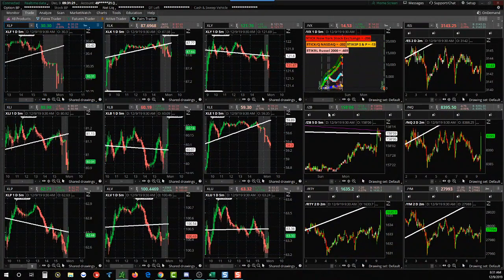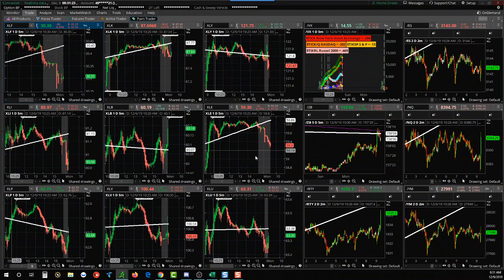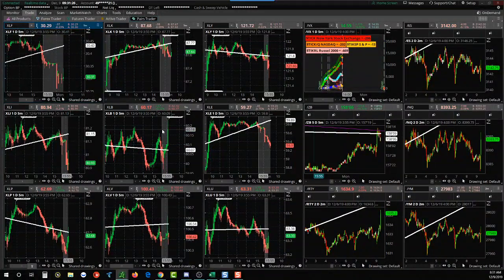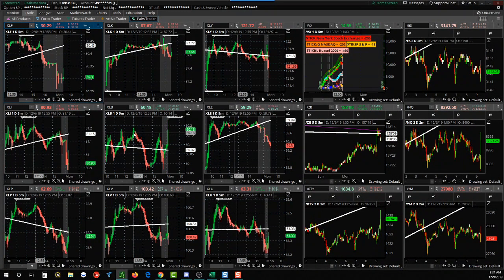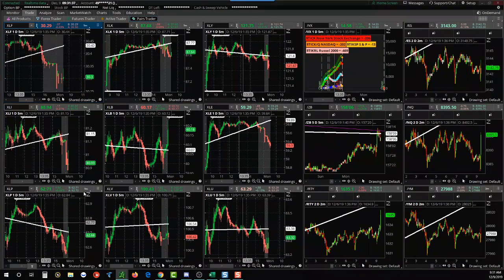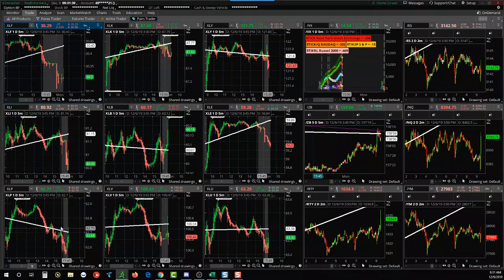Here we have the sectors. One of the strongest moves in these sectors right now is XLB. That'd be your materials. Consumer discretionary, XLP.